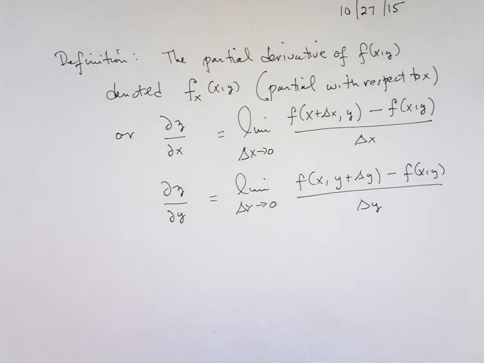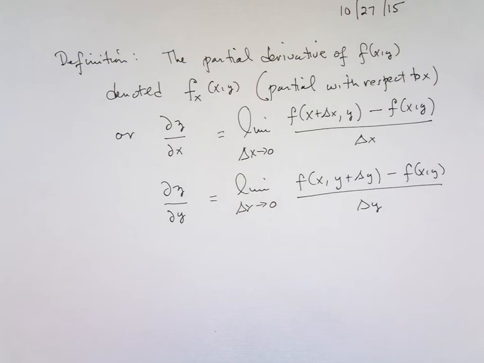So I'm taking a plane parallel to the x-axis and intersecting my paraboloid so it contains this point. It's going to intersect in a parabola.